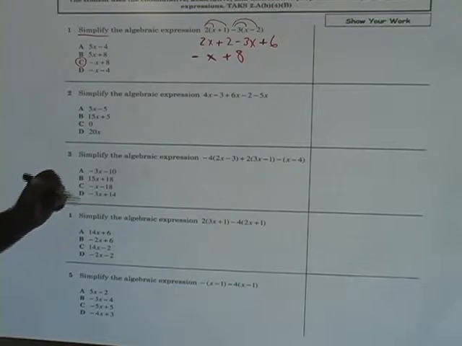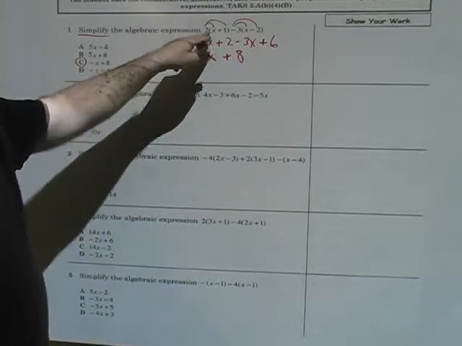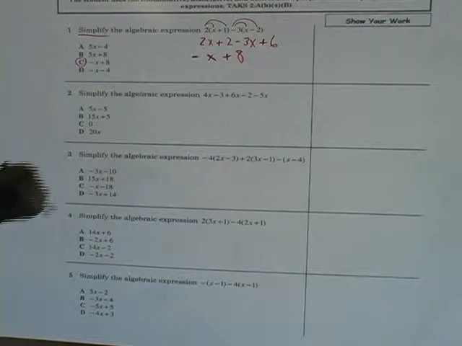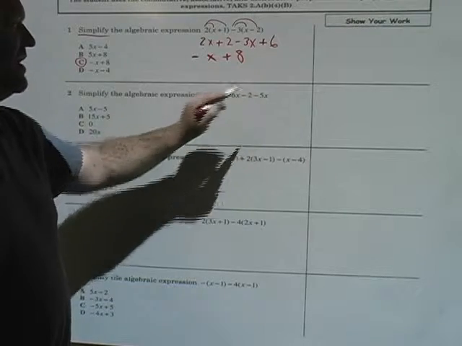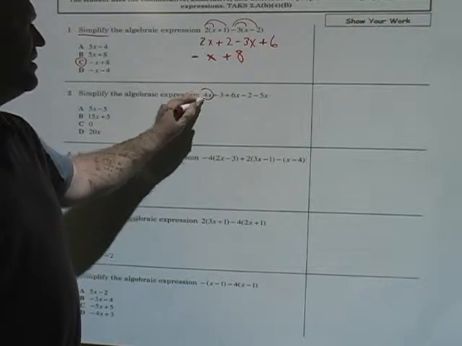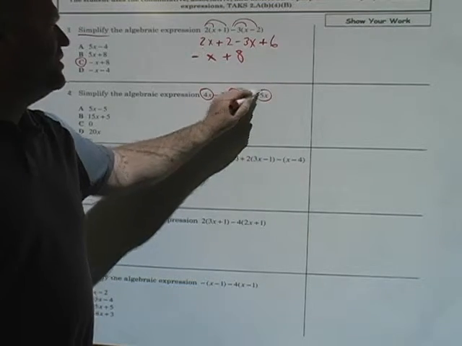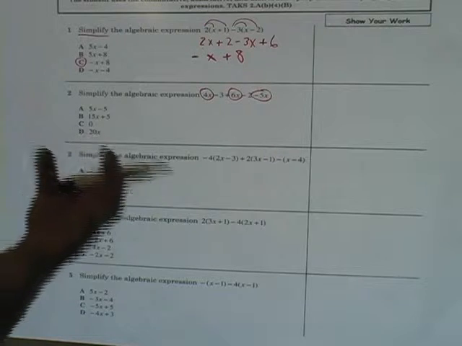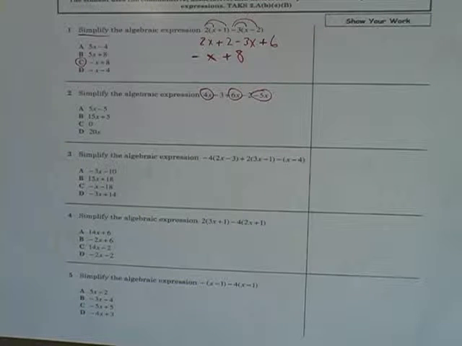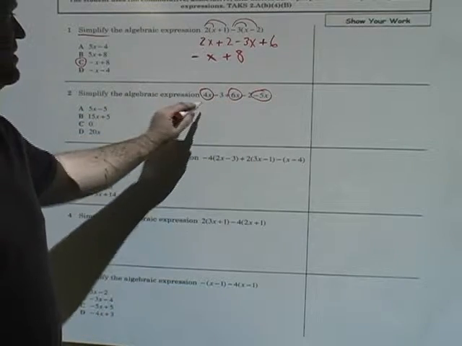Number 2. Now here, we just need to combine like terms. We don't even have to go through the distributive property. You got 4x plus 6x minus 5x. Okay? I want to combine all of those like terms right there. So once again, if you want to just put it in your calculator, for your x's, you have 4 plus 6 minus 5.